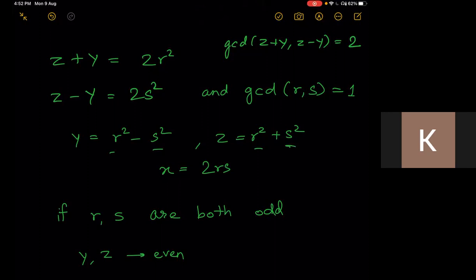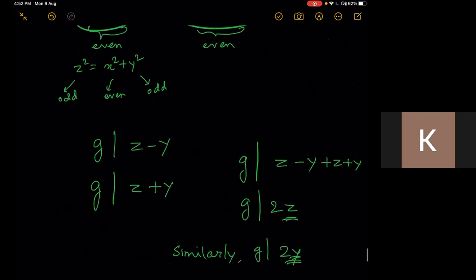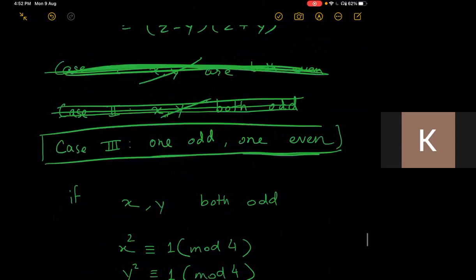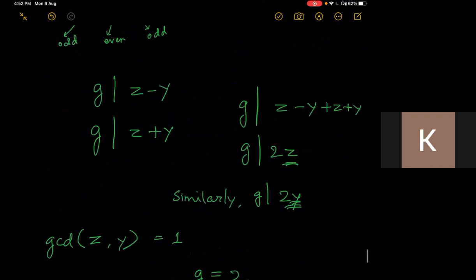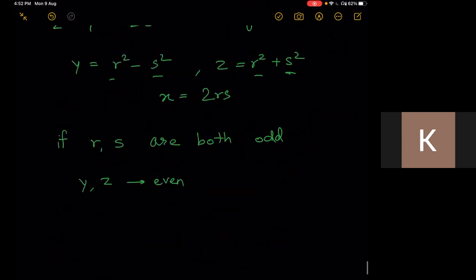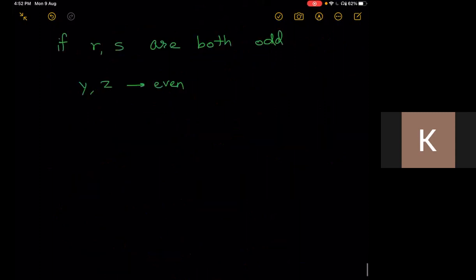And we excluded that even case, which was case 1, that both are even. We cannot take both even. So r and s cannot be both odd, and r and s cannot be both even because their GCD is 1. So that is no chance.